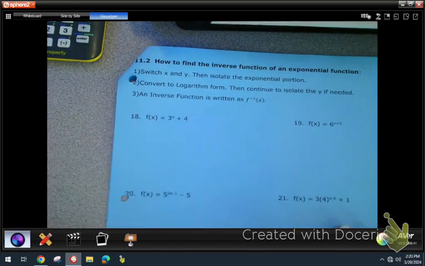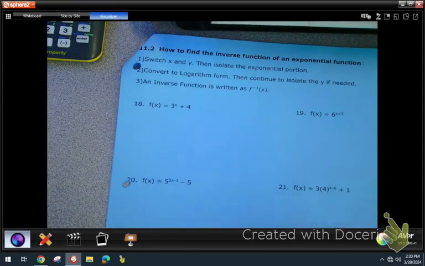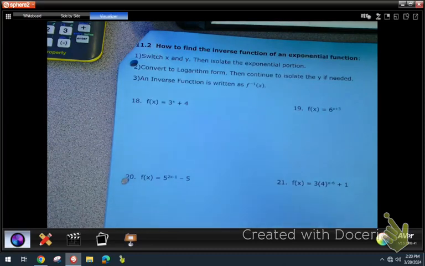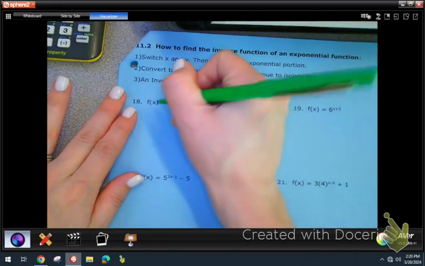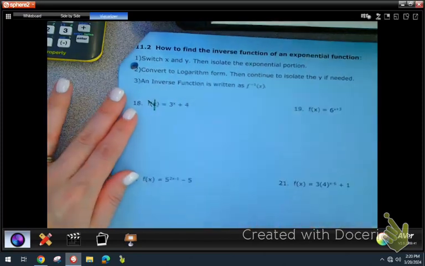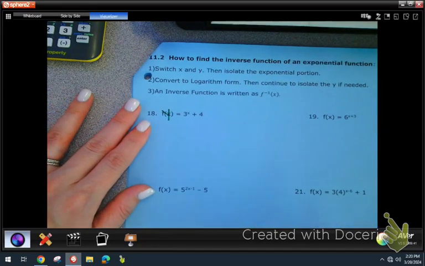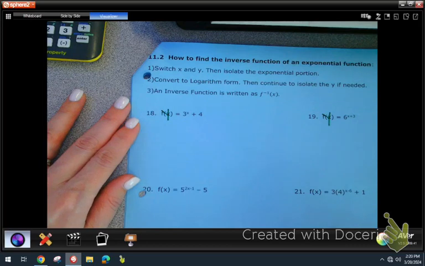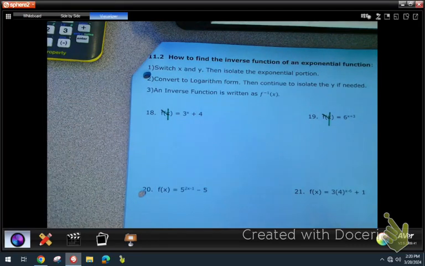But if I look at number 18, we start off pretty basic, and then they get a little bit more challenging as you work through the page. First of all, what is f of x the same thing as? That's the same thing as y. So if you want to write over that on all of these, feel free. Okay? So I start with just swapping out those variables.